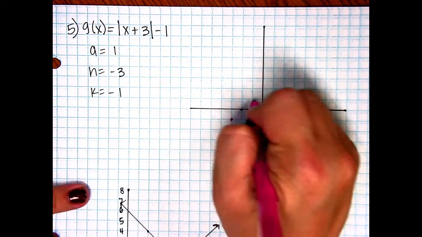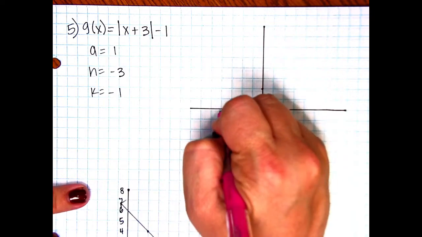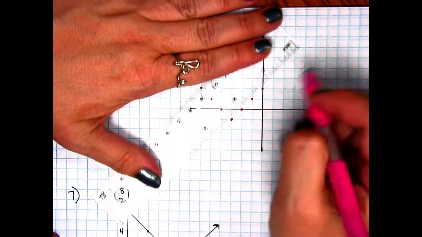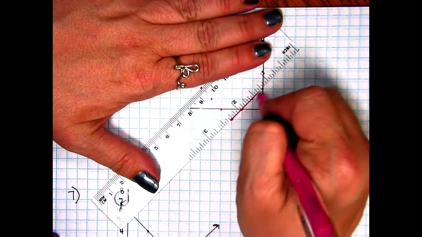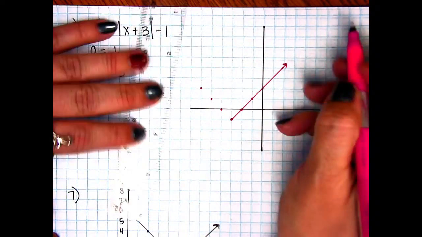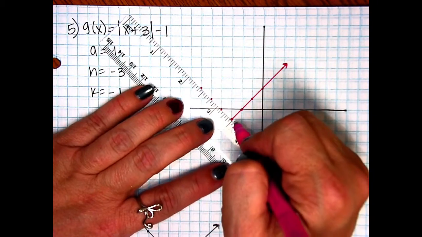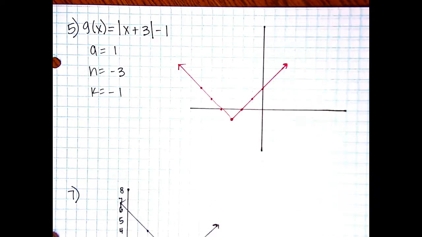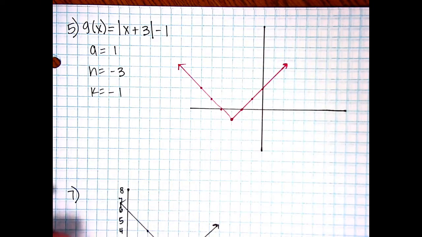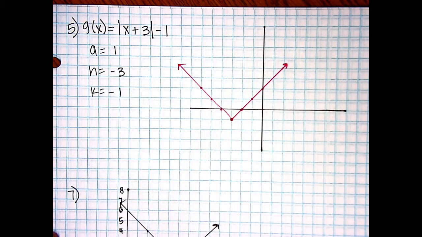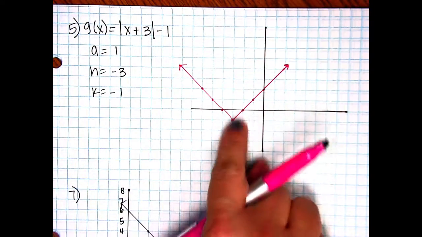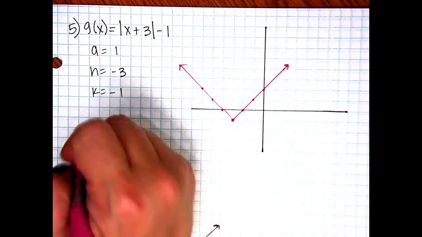So I use a slope of 1 to graph. Okay, and then without needing a table, I can graph the absolute value function. And then I want to show you, you'll notice the vertex is at negative 3, negative 1 for this one.